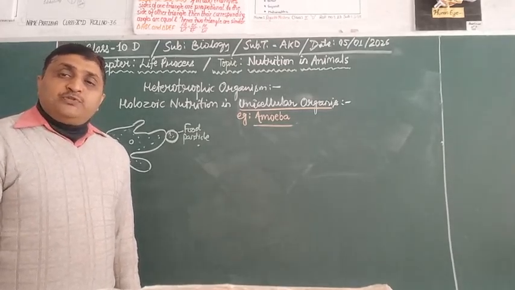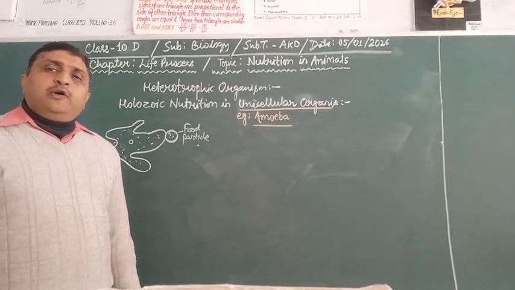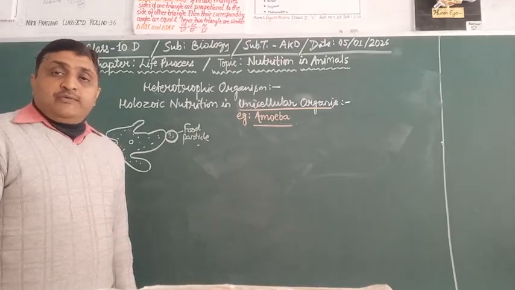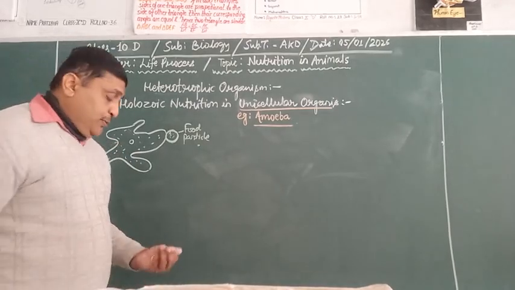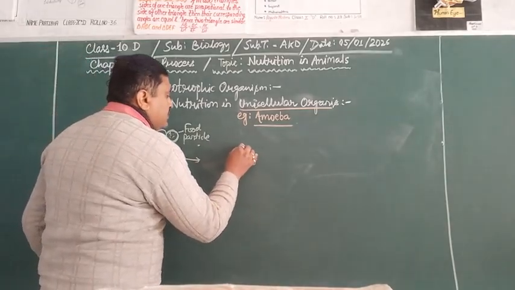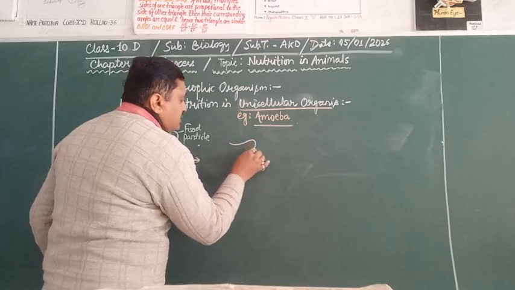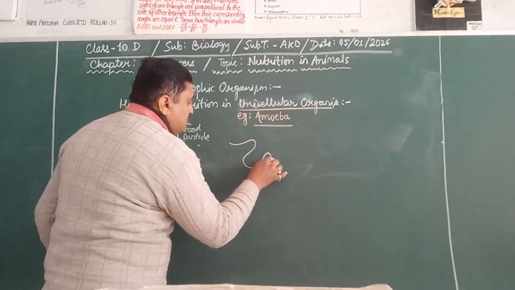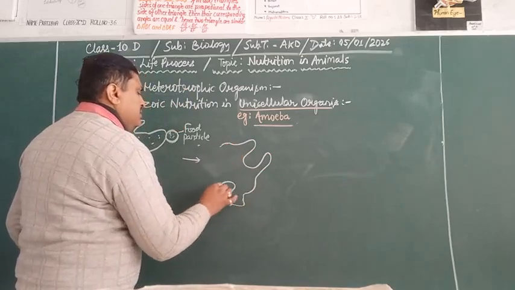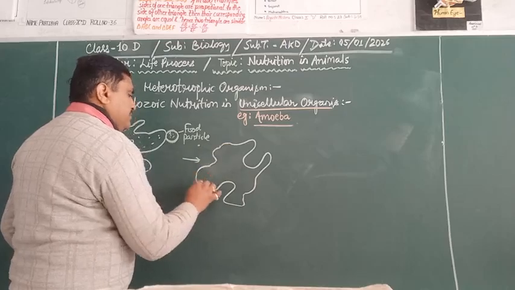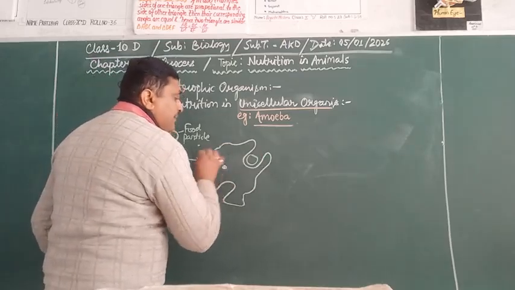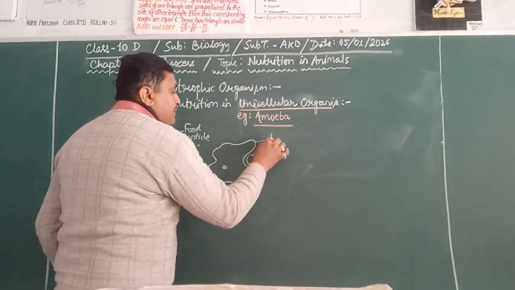To capture it, they form a structure known as the pseudopodia. I will draw the structure. Suppose this one is the amoeba. They will form the pseudopodia. This one is the pseudopodia.